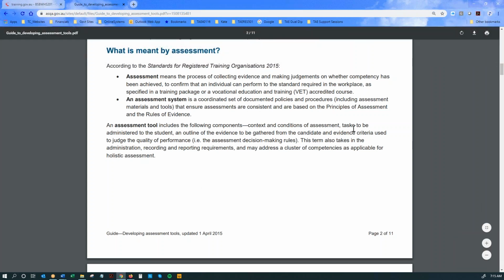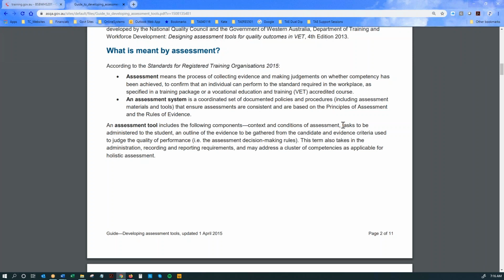We need to ensure that we document the task to be administered to the student. So we'll be putting together an assessment plan, or looking at one that's been prepared earlier, and talking about how we believe it's best to determine that the student is able to demonstrate competency.